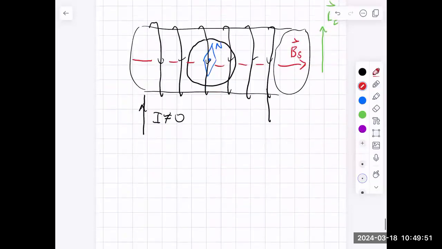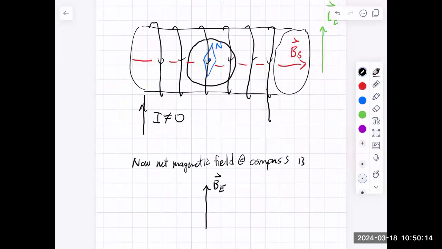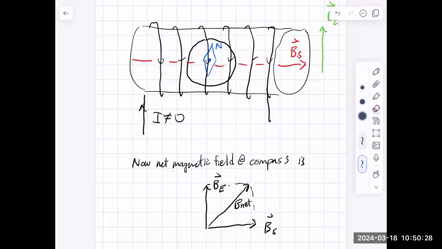So the net magnetic field at the compass is the Earth's field, and we're going to add to that the solenoid's field, and the net result is the net field. And that's going to cause your compass needle to rotate.